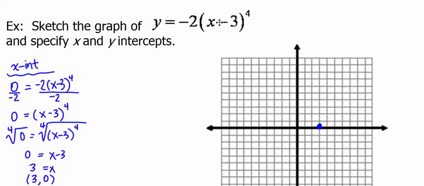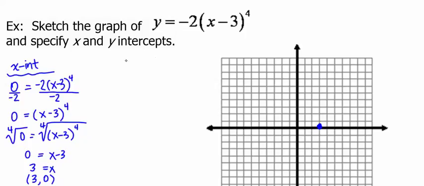Now what's going to happen here with that x minus 3 to the 4th? At x equals 3, this graph is going to resemble the graph of x minus 3 squared. The closer you get to x equals 3, it will look like x minus 3 quantity squared.